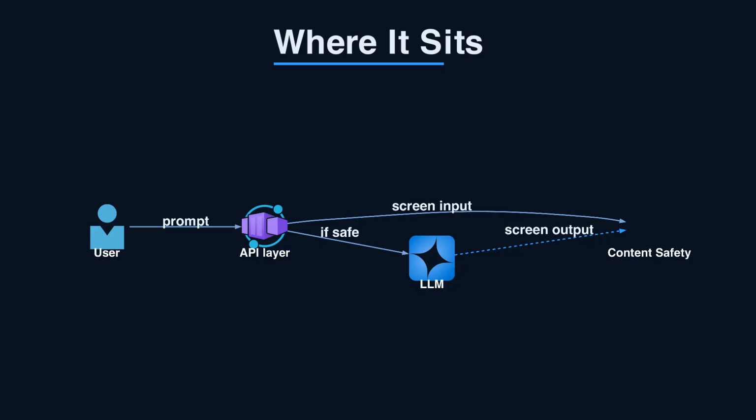After the model responds, screen the output too, because the model can produce harmful text even from innocent prompts. Put this orchestration in your API layer or a function, never in the browser, so thresholds and keys stay server-side. Storing flagged content for audit is fine, but be deliberate about retention and privacy.